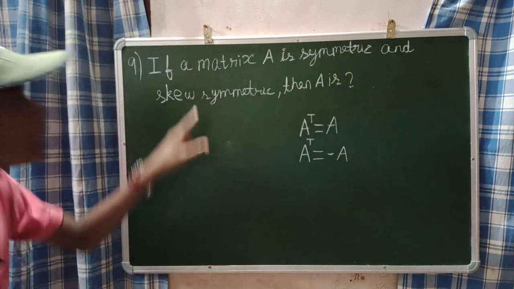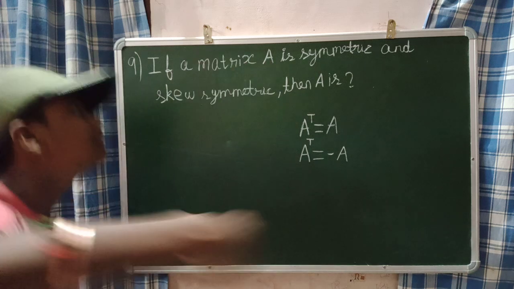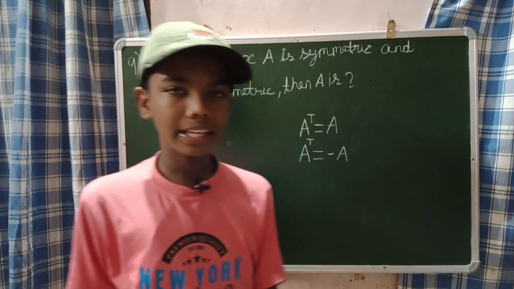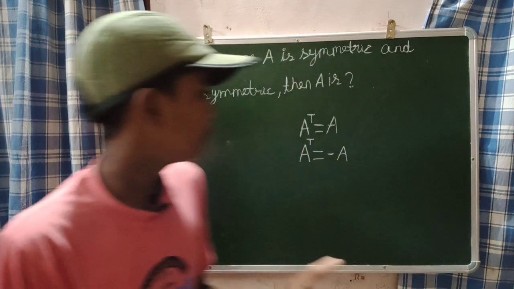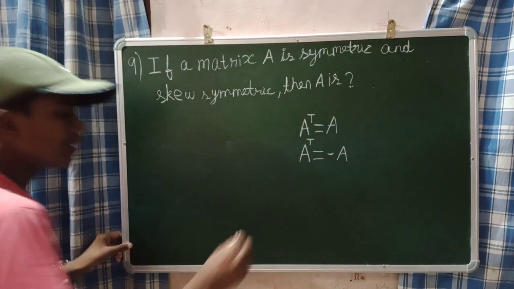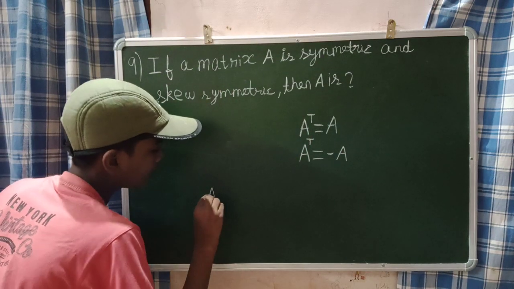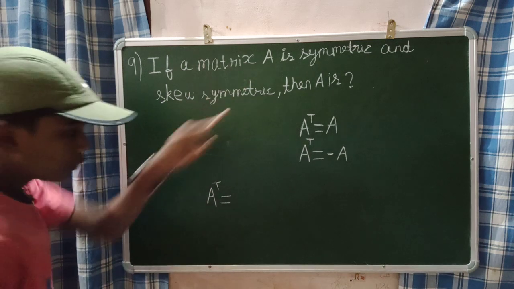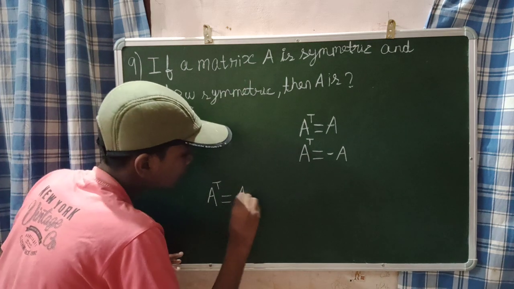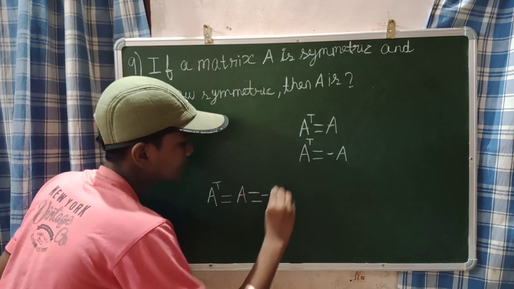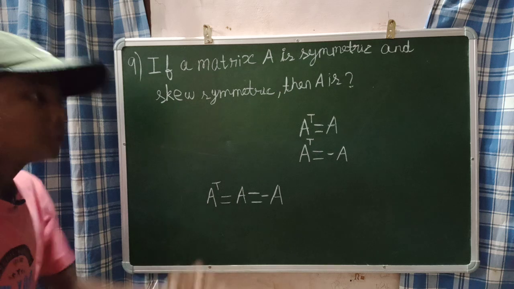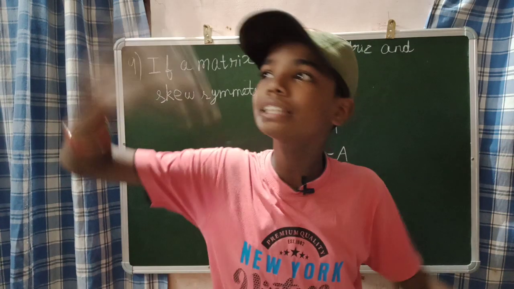They are saying the matrix A is both symmetric as well as skew symmetric. Then listen carefully. From this, for this matrix A, A transpose should be equal to A as well as minus A, because this matrix A is both symmetric as well as skew symmetric.